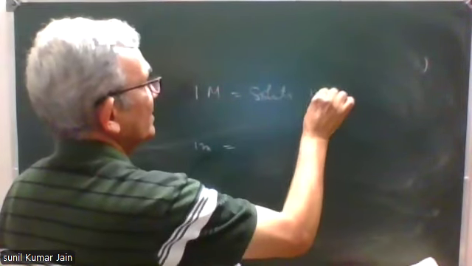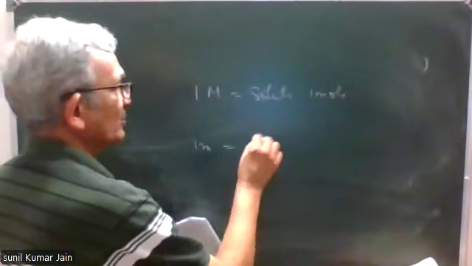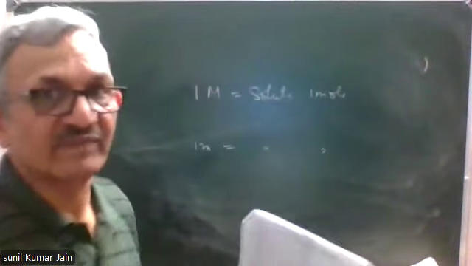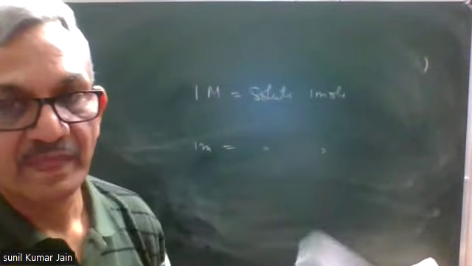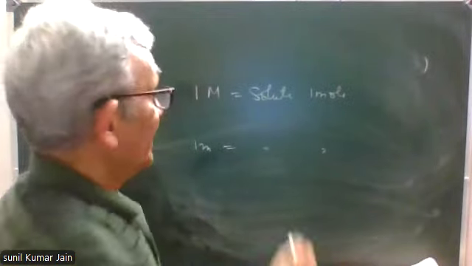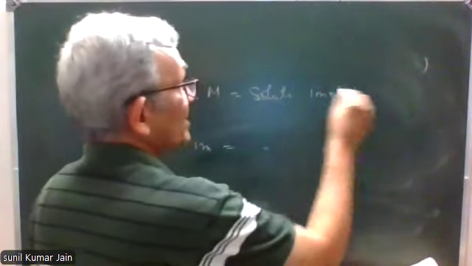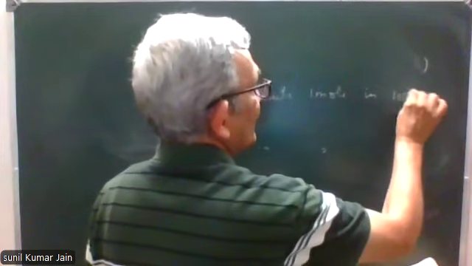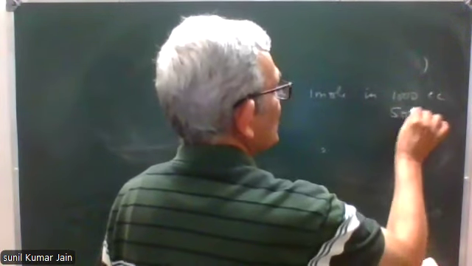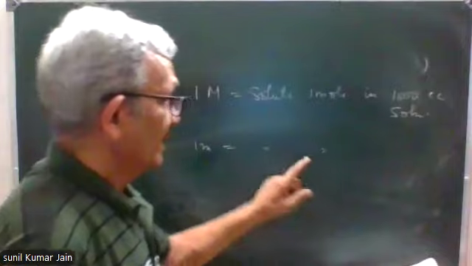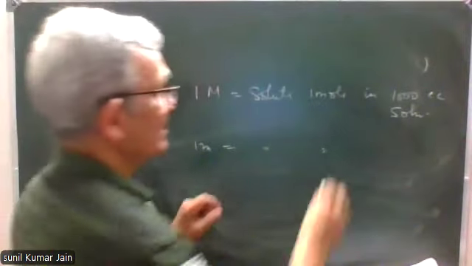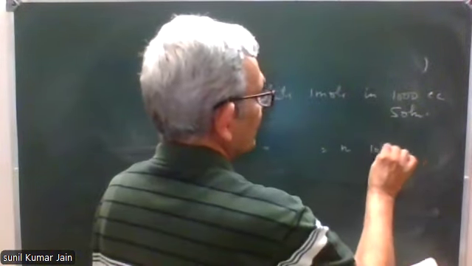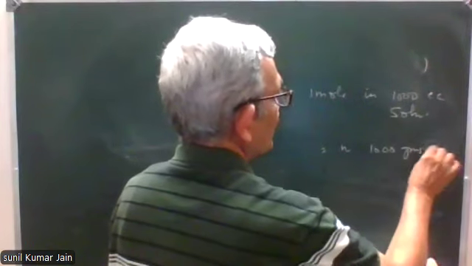Both have 1 mole of solute. Both have 1 mole of solute in the solution. In this case, it is present in 1000 cc solution. And in the second case, it is present in 1000 grams of water.